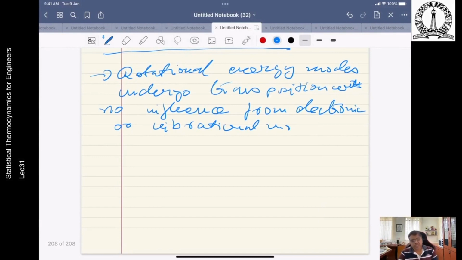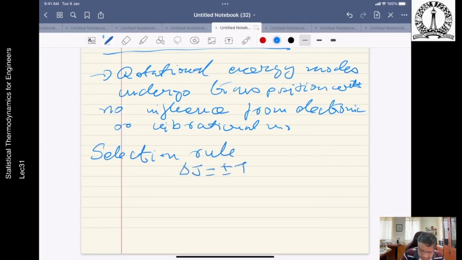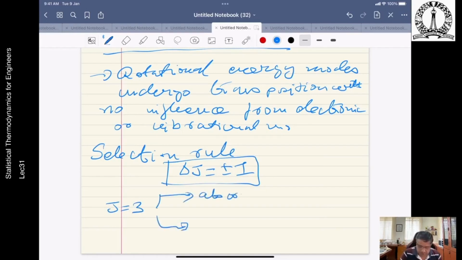Okay, so the selection rule we know is delta J is equal to plus minus 1. This was the selection rule. So if, say, J is equal to 3, absorption or emission. If it is absorption, it will go to J equal to 4, or if it is emission, it will go to J equal to 2.